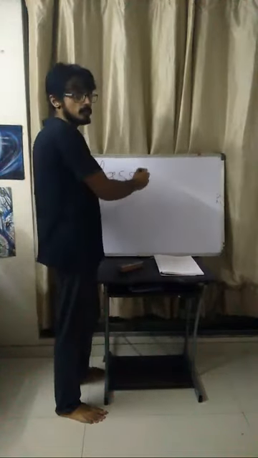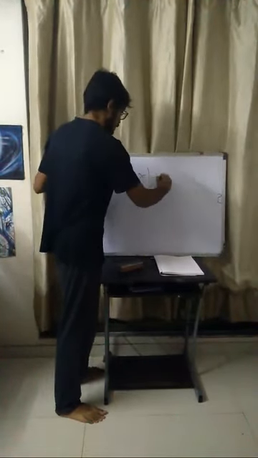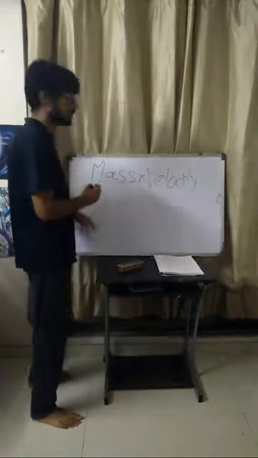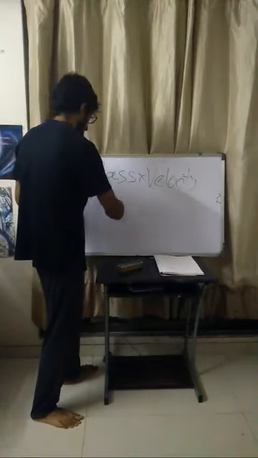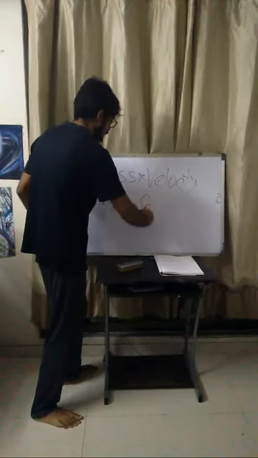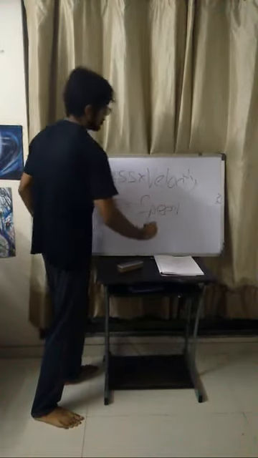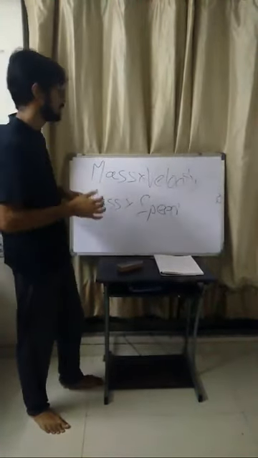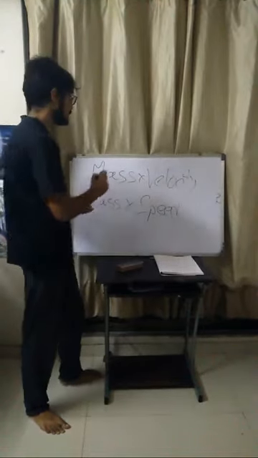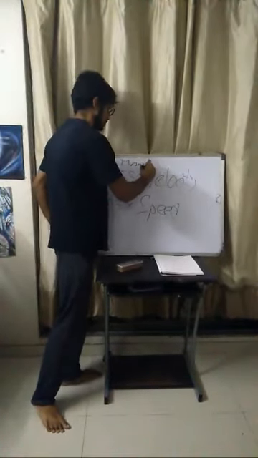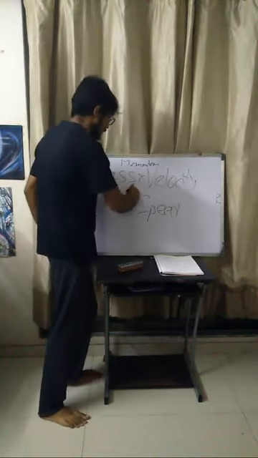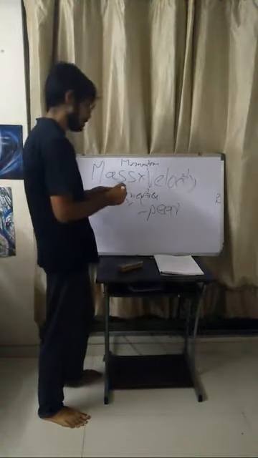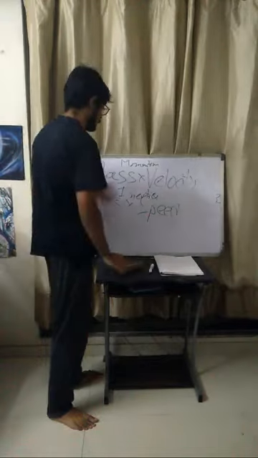Momentum is determined by mass into velocity. And inertia is determined by mass into speed. Right? Mass into velocity and mass into speed. That is what determines momentum and inertia. Here's momentum and here is inertia. Right? So here's our mass into velocity and mass into speed, momentum and inertia.